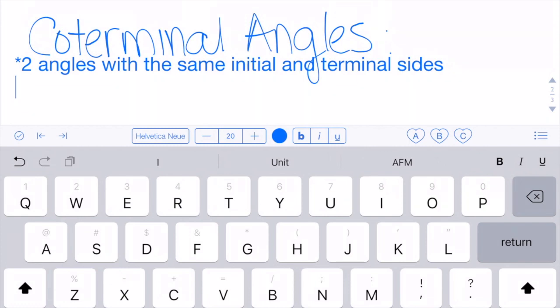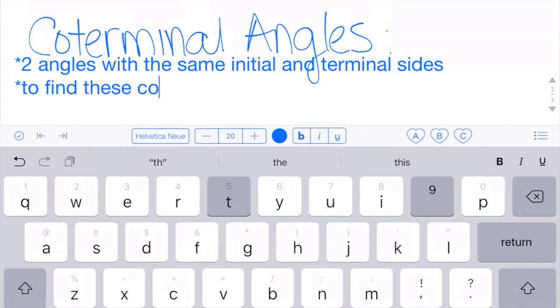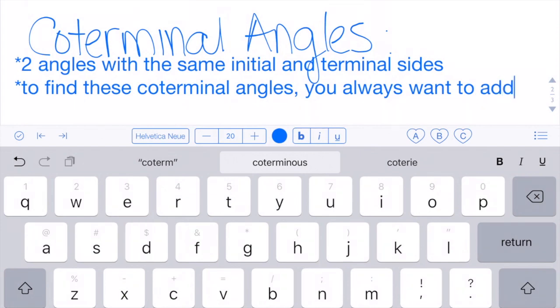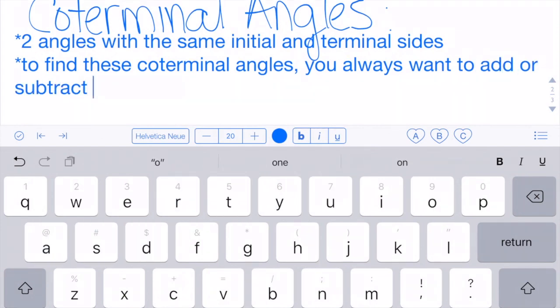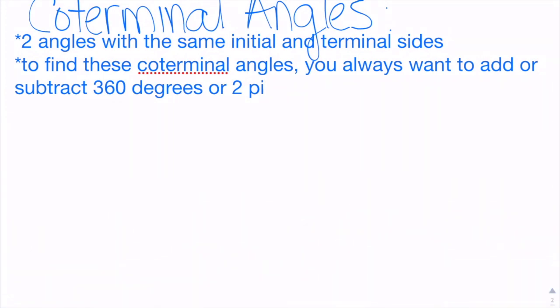And then the second piece is, to find these coterminal angles, you always want to add or subtract 360 degrees or 2 pi. Whether you use 360 degrees or 2 pi is going to depend on whether your angle is in degrees or in radians.